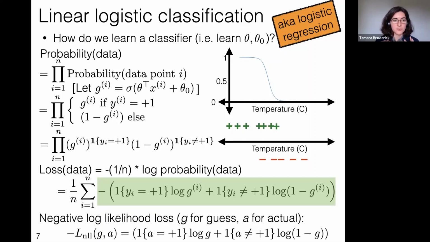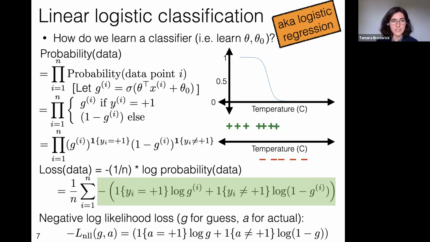Okay, so what have we done here? Well, we're trying to learn a classifier. We're trying to learn a theta and theta naught from this data. We have classification data, and we want to learn this sigmoid. And what we've here defined is a loss, a totally new loss that we hadn't seen before. And just as before, we tried to find a value of theta and theta naught that got as close to the lowest loss as we could on our training data.